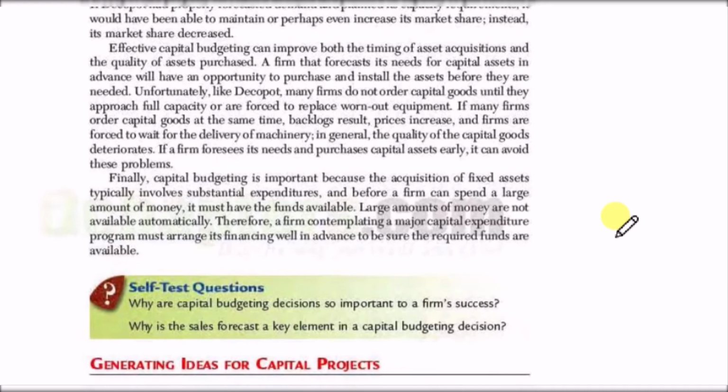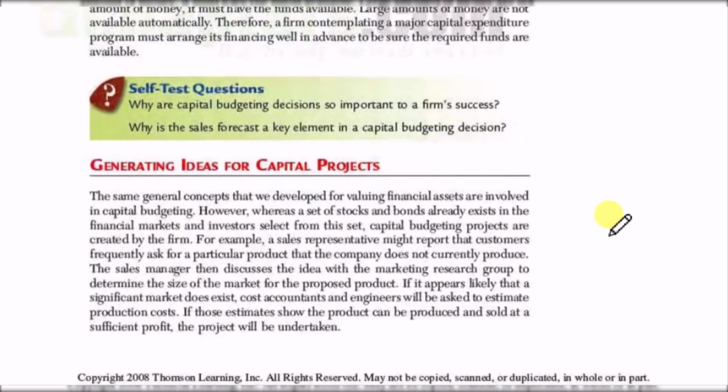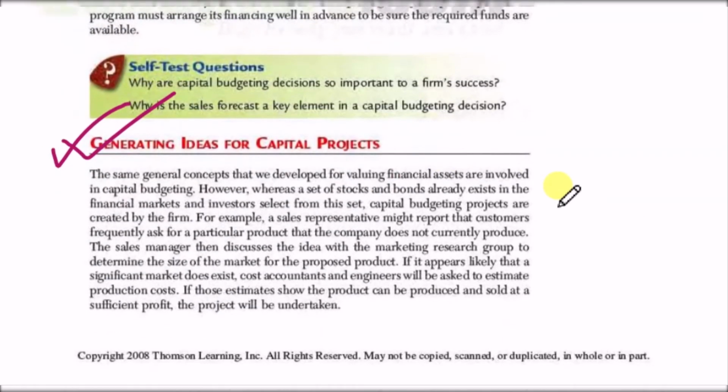Large amounts of money are not available automatically. Therefore, firms contemplating a major capital expenditure program must arrange their financing well in advance to be sure the required funds are available. Then the general ideas for capital projects.